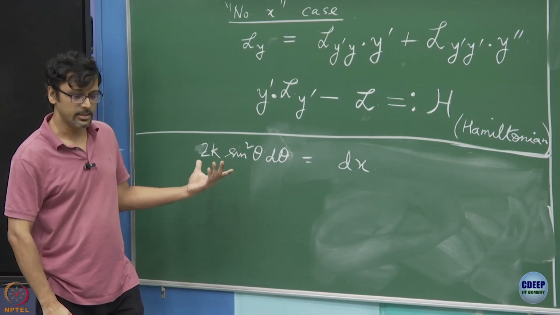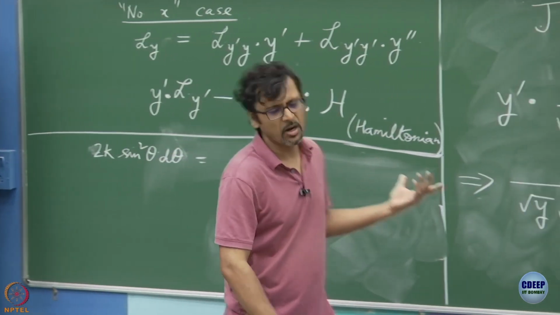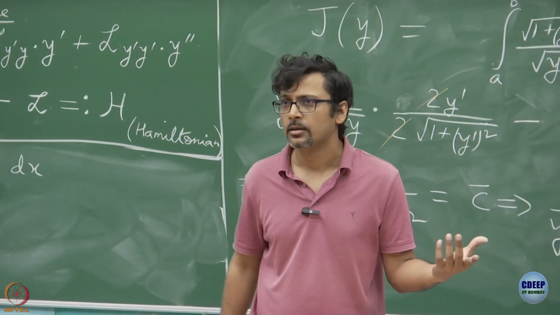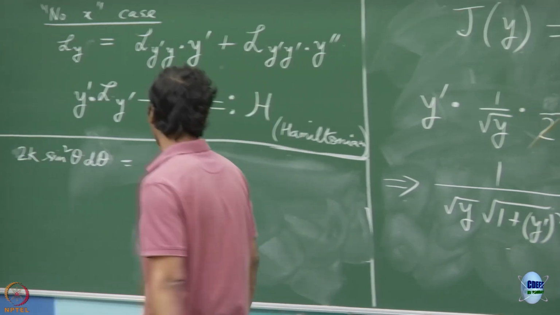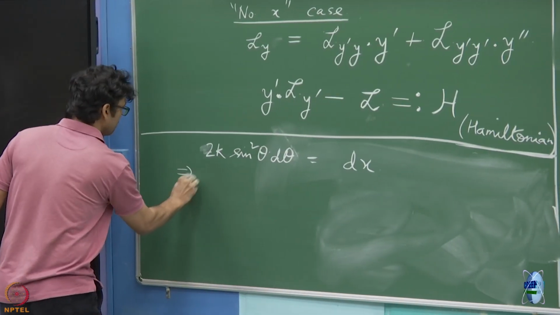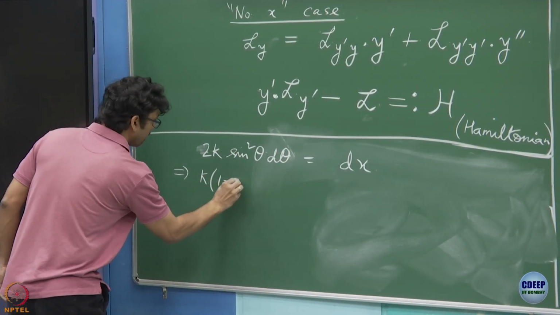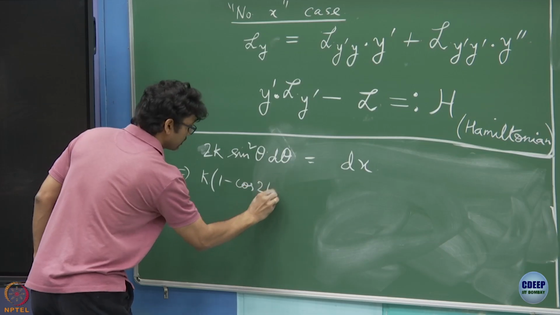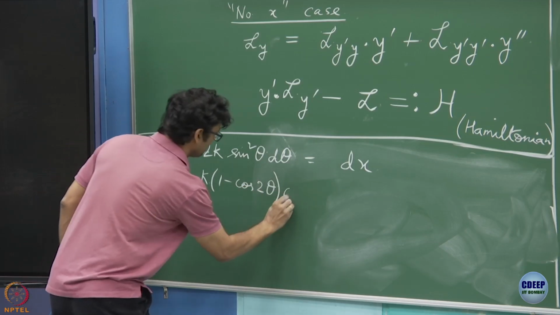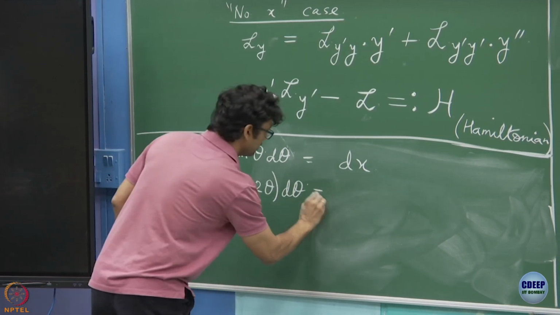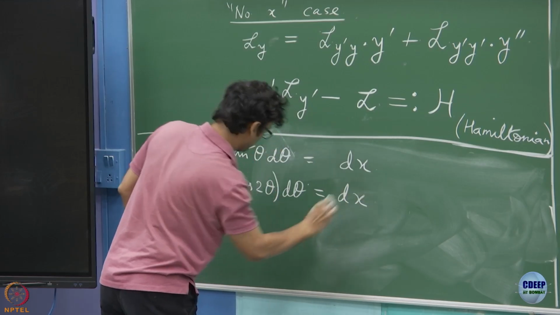So 2 sine squared theta is 1 minus cos 2 theta. So this is k (1 minus cos 2 theta) d theta is equal to dx.